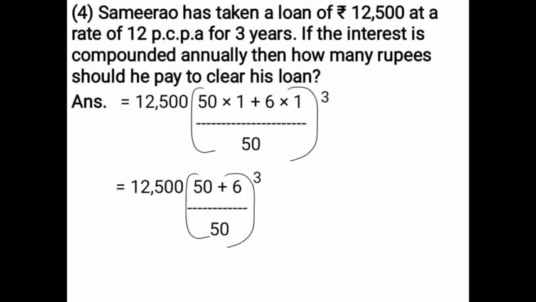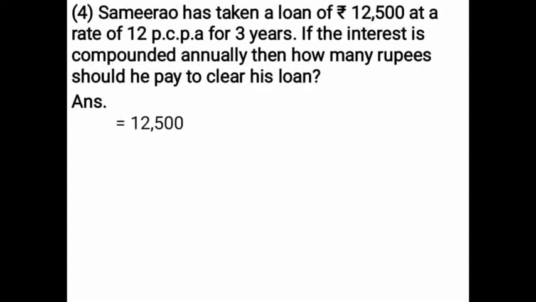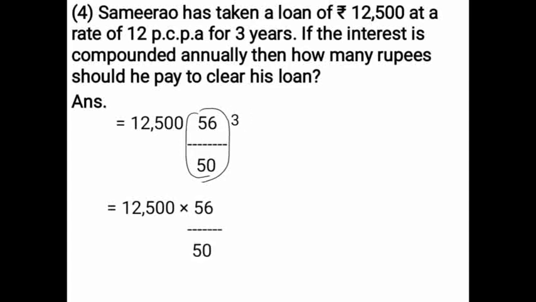That is 12,500, 50 plus 6, 56 upon 50 raised to 3. That is equal to 12,500, 56 upon 50. You have to write the multiplication form 3 times because the index is 3. Into 56 upon 50 into 56 upon 50 into 56 upon 50.